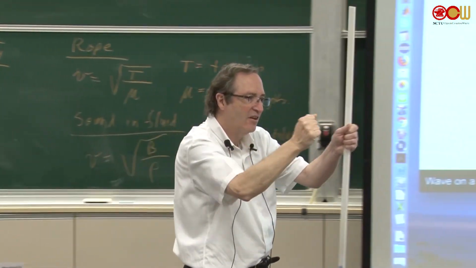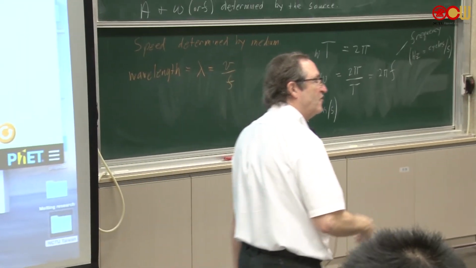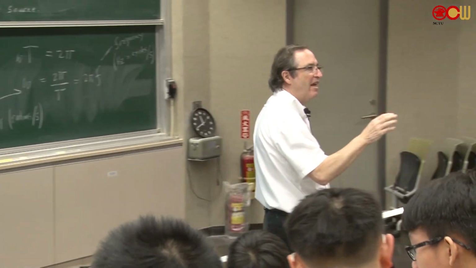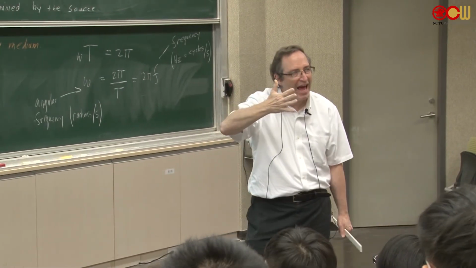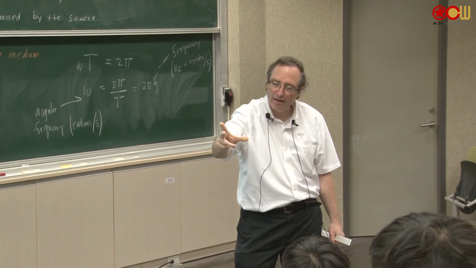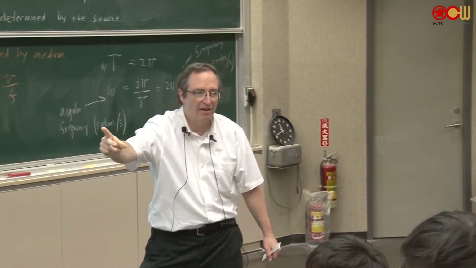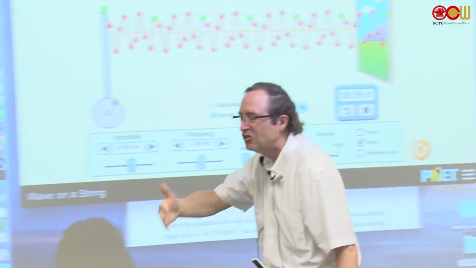Okay? And the slinky can go like this and this. All right? So a slinky, if you set a vibration down a slinky, what happens is the coils get denser and less dense, denser, less dense, all the way down. That's called a longitudinal wave.